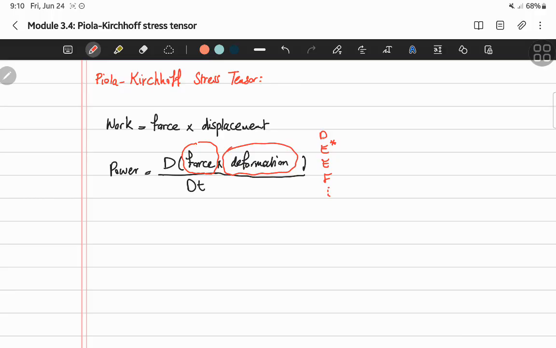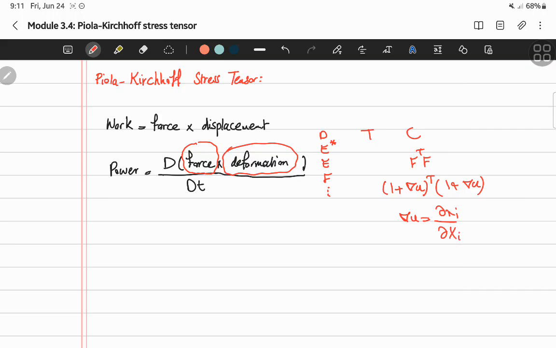So, for example, you can't use T, the Cauchy stress tensor, with, for example, C. It's because C is F transpose F, and this F is 1 plus del U transpose, 1 plus del U, and this del U is basically the partial derivative of x with respect to capital Xi.